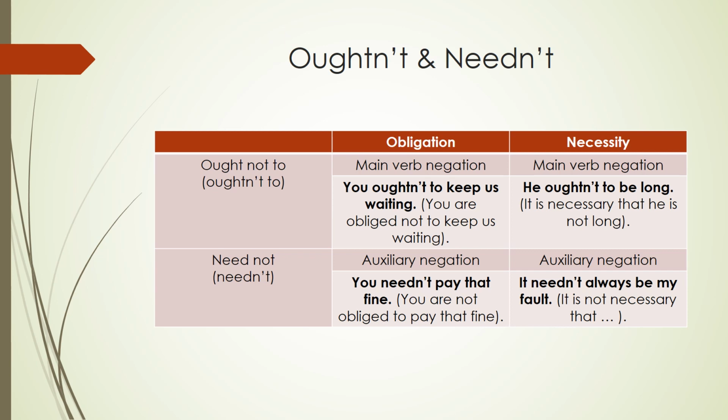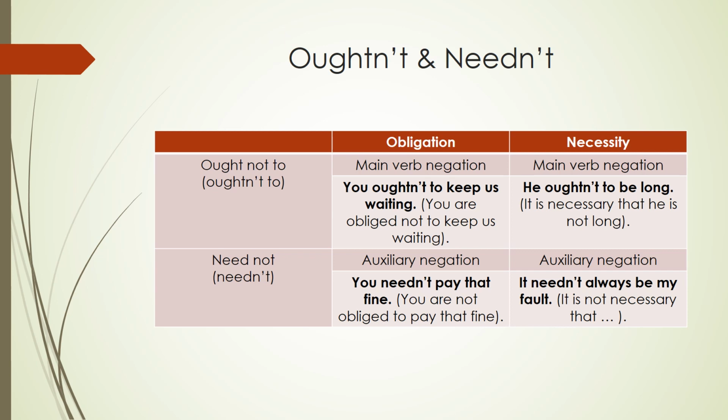Okay? Need in the negative becomes need not or needn't. Now, what are the meanings we use these two modal auxiliaries to express? They are what again? Obligation and necessity. These two modal auxiliaries are used to express either obligation or necessity.